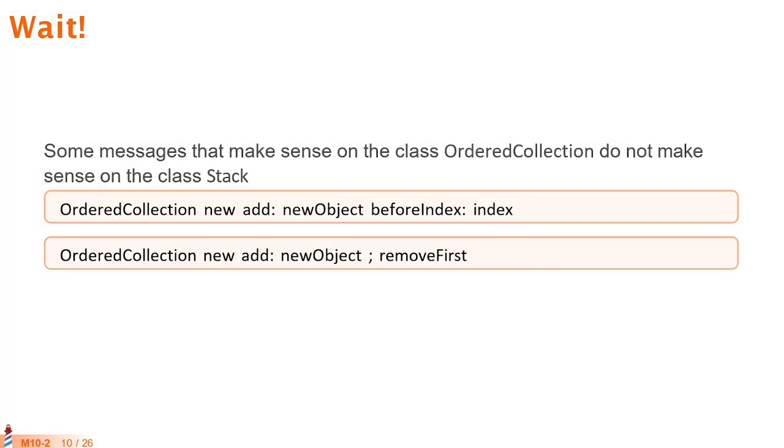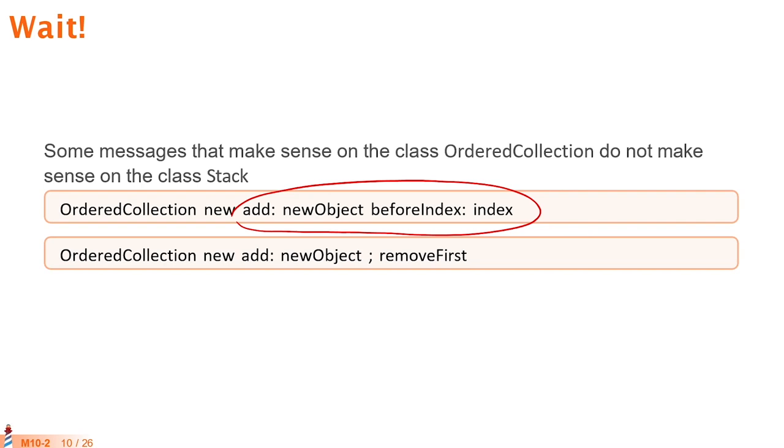Again, we can see, for example, methods that are defined in ordered collection but do not make sense in the stack. For example, we can add an element in a given position, breaking the logic of the stack, where we always access through the top of the stack.